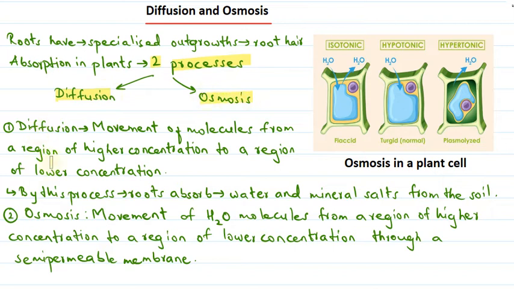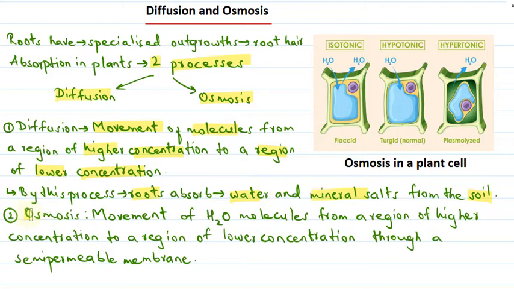During diffusion, molecules move from a region of higher concentration to a region of lower concentration. By following the process of diffusion, roots absorb water and mineral salts from the soil. This process only takes place when the concentration of ions in the soil is greater than in root hair cells. In that case, mineral ions move from soil to the root hair cells.